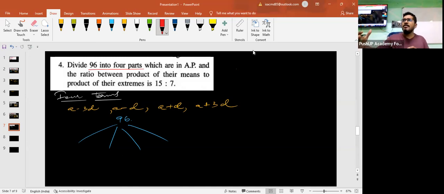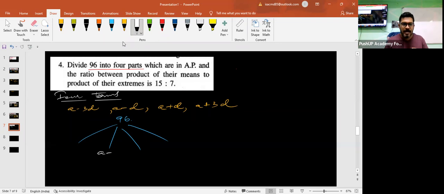Now, in the entire question, you are trying to search for A as well as D, but you are not able to get the value of A or D. So one thing is for sure, you're going to use a new pattern. So below 96, you know that 96 is getting divided into 4 parts. Just write down the pattern of the 4 parts.